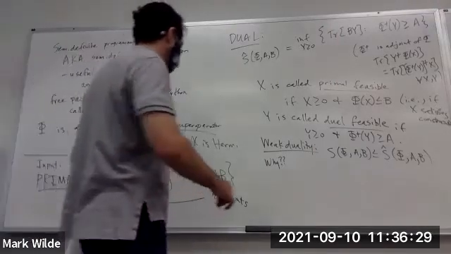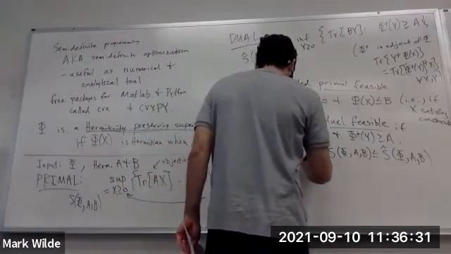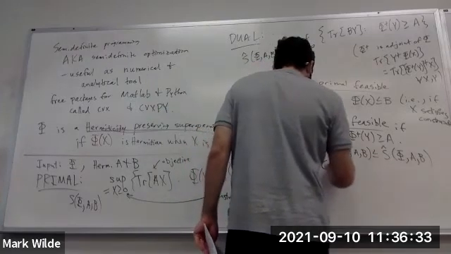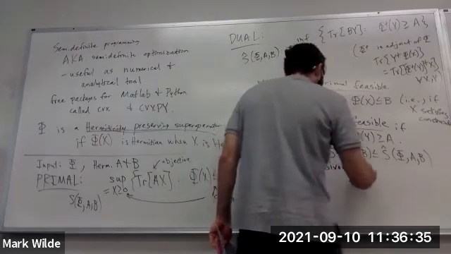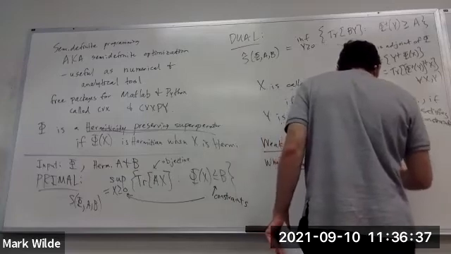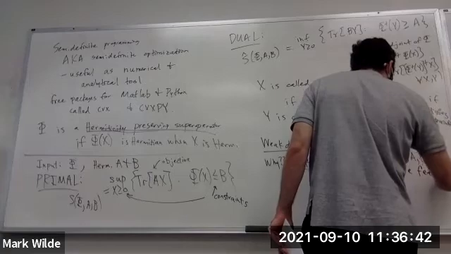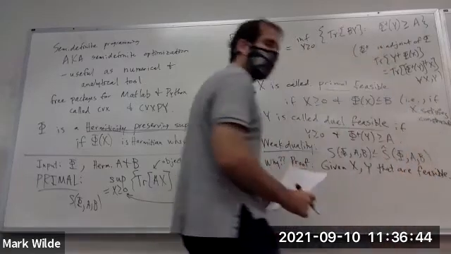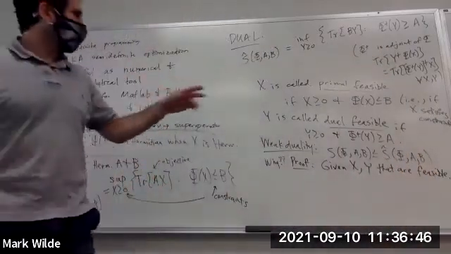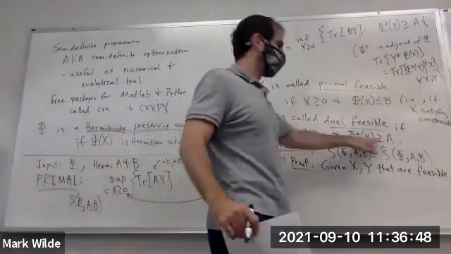Given x and y that are feasible. What does it mean? X satisfies this and this.